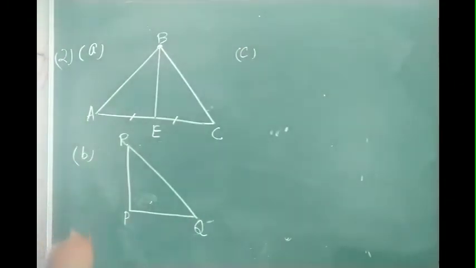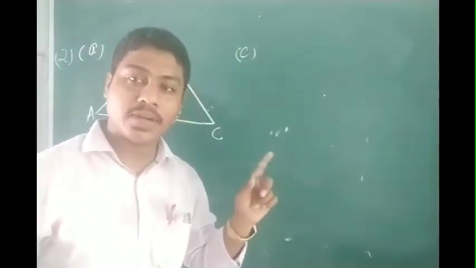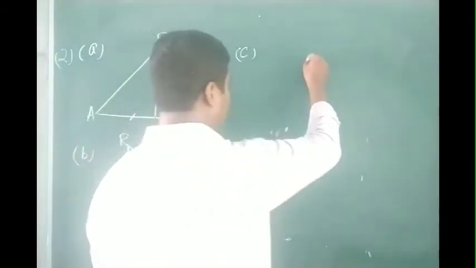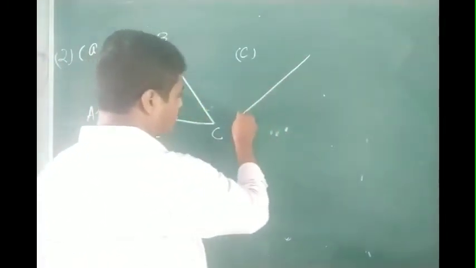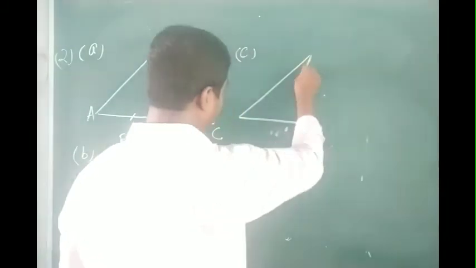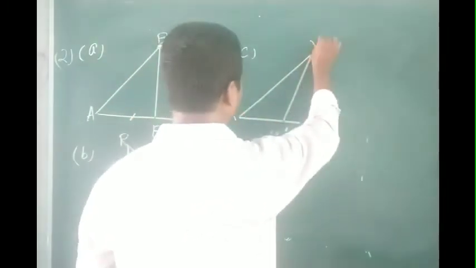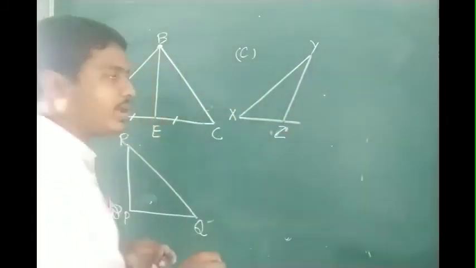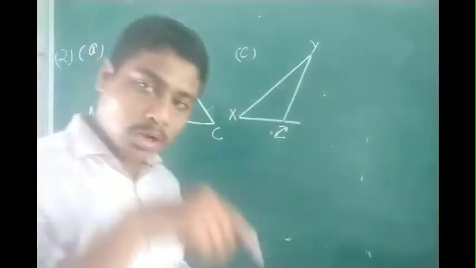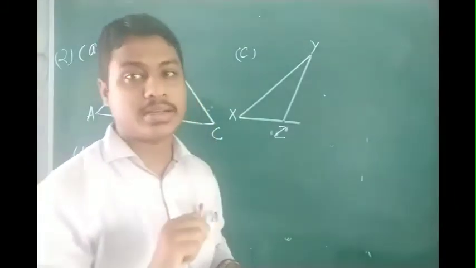In triangle XYZ, YL is an altitude which is in the exterior of the triangle. So YL is an altitude. Let me consider one triangle. This is one triangle. So it is given X, Y, Z. And it is given that YL should be an altitude, but it should be in the exterior side.